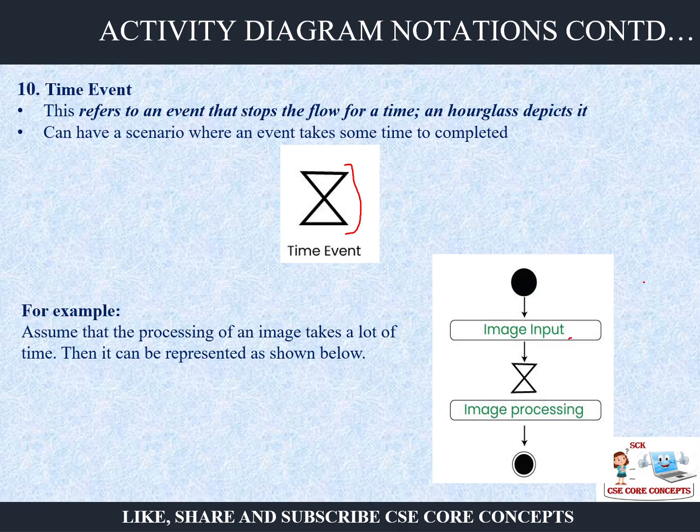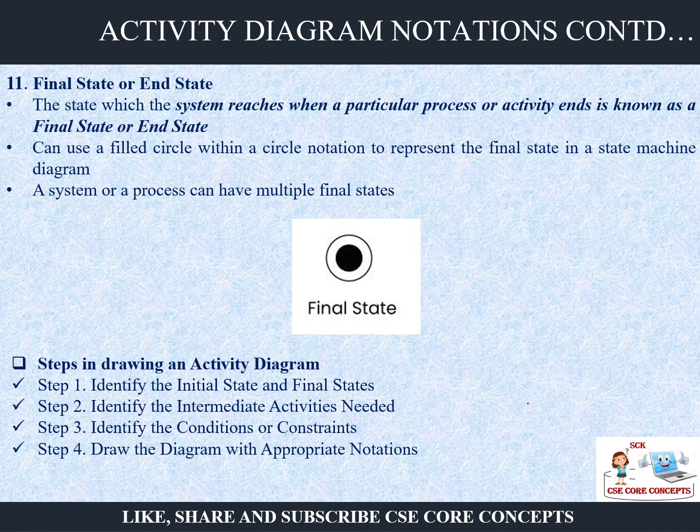Whenever you upload any image, they will do some processing to check if these conditions are met or not. So that is a time taking process, right? For that you have this symbol. So when you input any image, you wait for some time and then you process it. Then comes the final state.